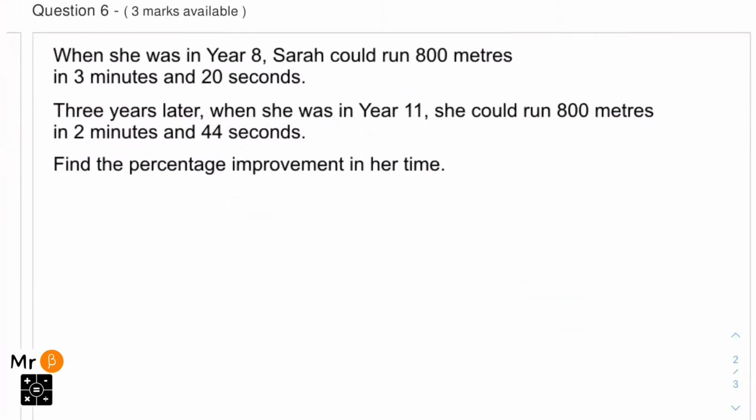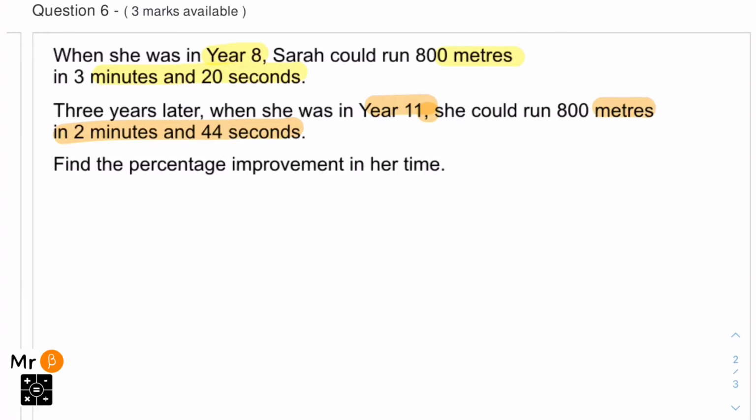Our final question. So in year 8, Sarah could run 800 metres in 3 minutes and 20 seconds. It then tells you in year 11 she could run 800 metres in 2 minutes 44 seconds. Find her percentage improvement in time. So first of all, we need to make sure our units are the same.